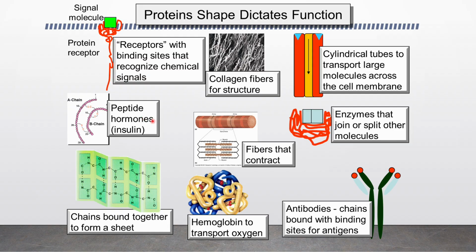We have peptides for hormones for our insulin levels. Chains that are bound together to form a sheet. Hemoglobin to transport oxygen. Antibodies, which are chains bound with binding sites for antigens. Again, different shapes have different functions.